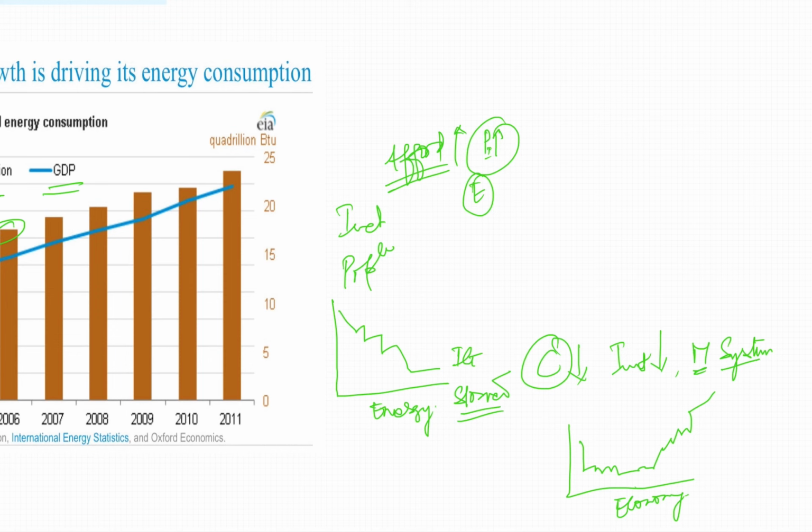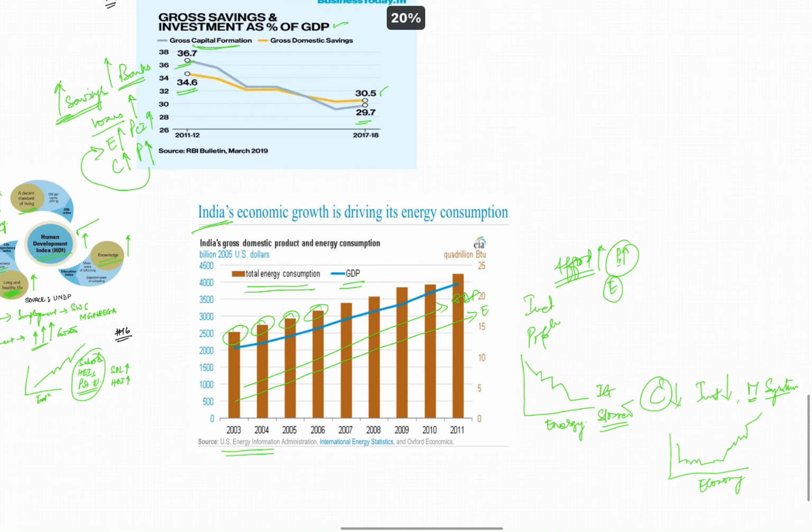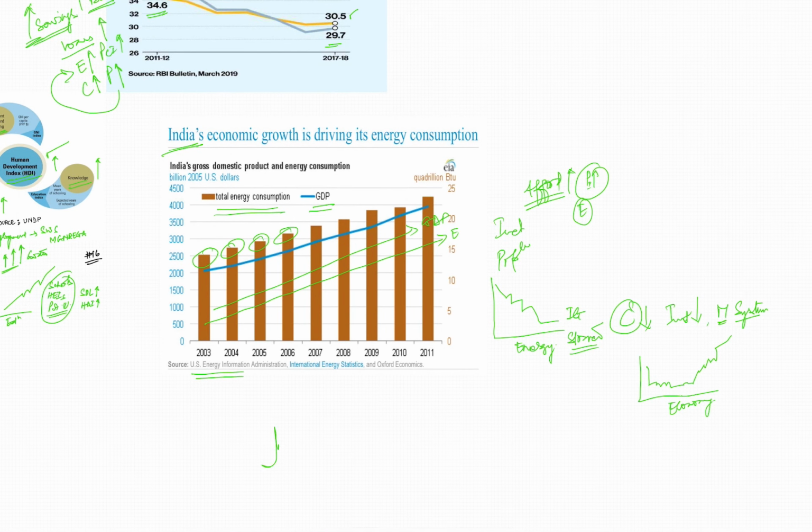Now, when it is going up, obviously, if you see from the year 2003 onwards, energy consumption has definitely been growing, and accordingly, the GDP is also going up. Energy, GDP. Now, in a nutshell, these are all indicators of the economy. You can study the economy from these different lenses.